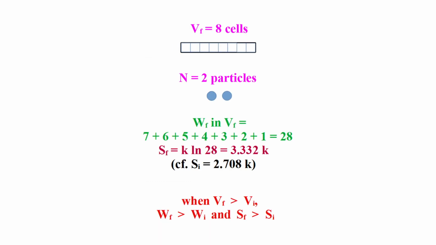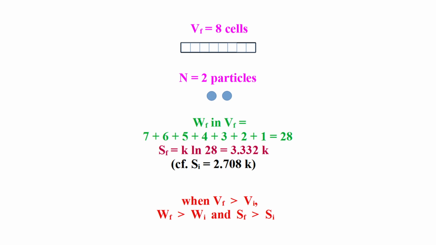Now, let us say that the volume increases to Vf containing 8 cells. A similar analysis shows that Wf equals 7 plus 6 plus 5 plus 4 plus 3 plus 2 plus 1 equal to 28, and Sf equals k ln 28 equal to 3.332 k.